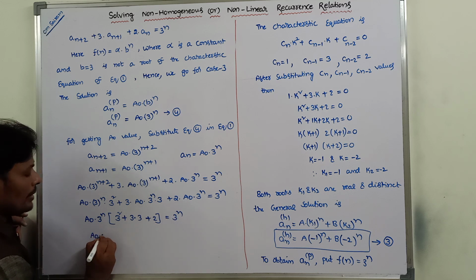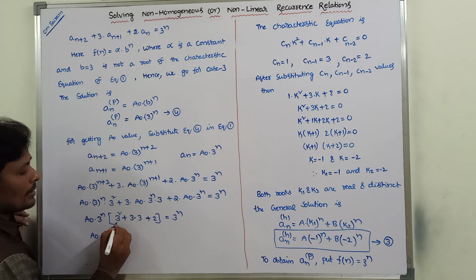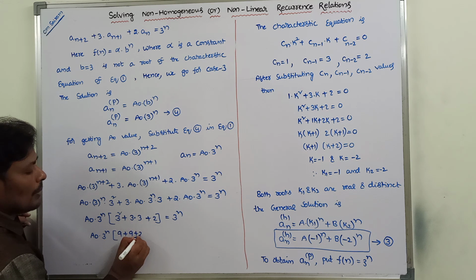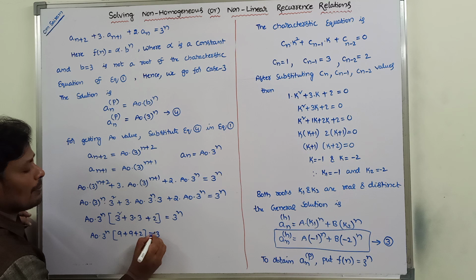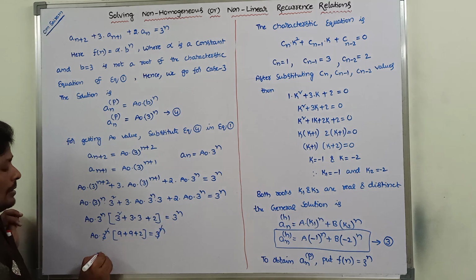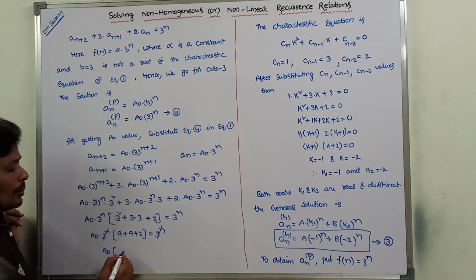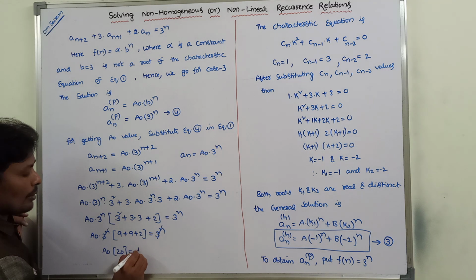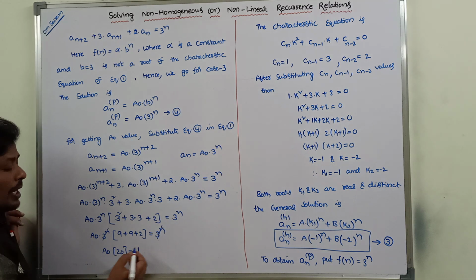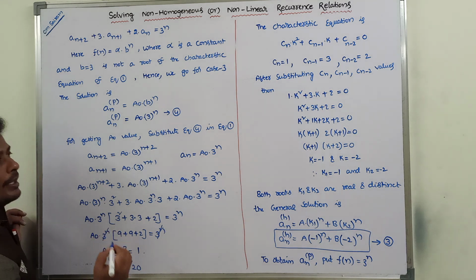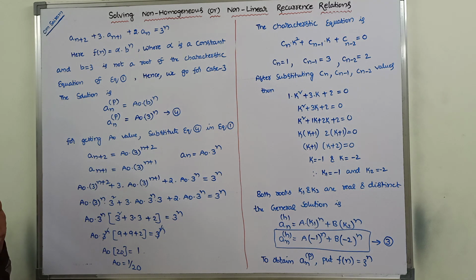Here 3 power n cancels. So a naught into 9 plus 9 plus 2, that is 20, is equal to 1. After cancelling it is 1. So a naught is equal to 1 by 20.